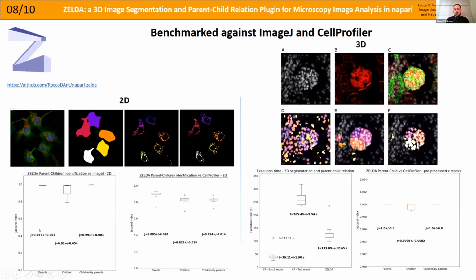And I found that for the different categories of objects, the parents, children, and children labeled by parents' label, there is a very good accordance between the segmentation that I obtained with the plugin and the other two software.